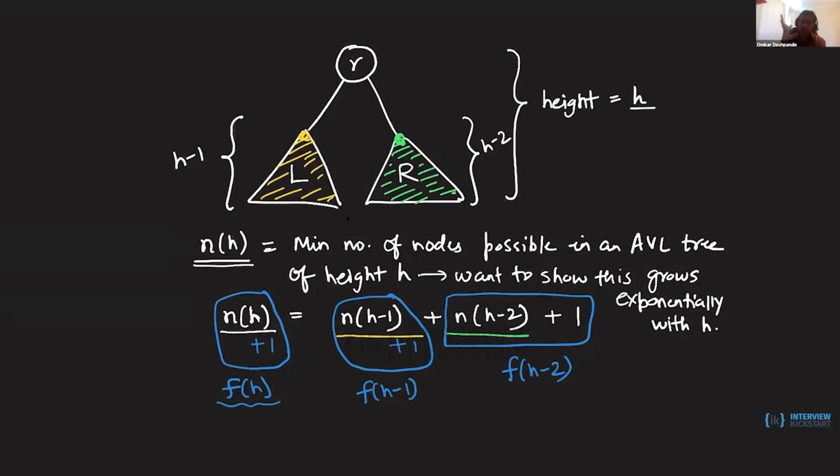Well, actually it depends on the base case, but at least the sequence is going to be Fibonacci in nature. We don't know what the base case is. Let's actually find out. f of 0 would be n of 0 plus 1. n of 0 is the minimum number of nodes possible in an AVL tree of height 0, which is basically 0.